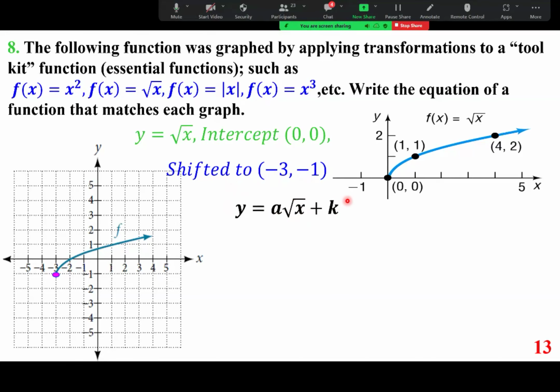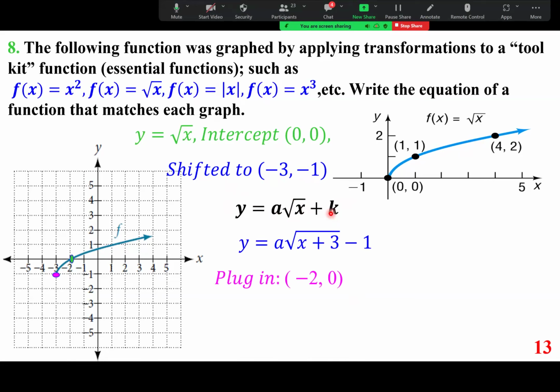Minus 1 shifts down, so you have to put -1 here. And now you can plug in one of the points. What is the easy point? We can clearly see this one having coordinates -2, 0. Again, you want to make sure you pick a point that is easy to recognize.